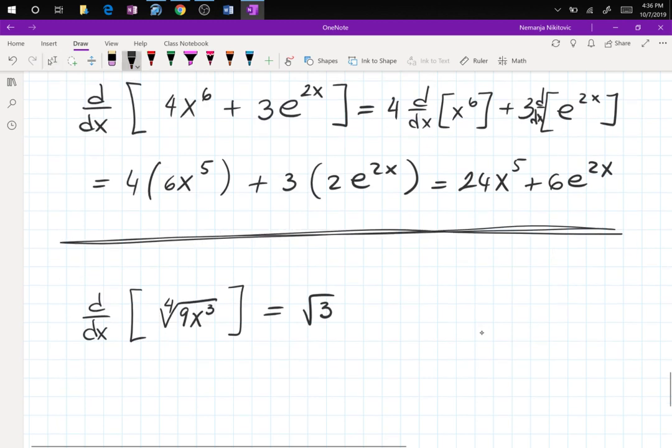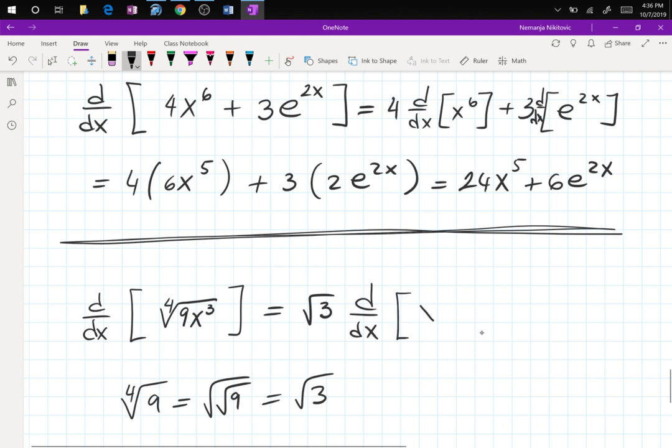Because the 4th root is like a root under the root. So 4th root is the same as root under the root. And if you have a 9, then the square root of 9 is 3, and one square root will be used up to get 3. So root 3 gets kicked out, and then we have the derivative of x to the 3/4.